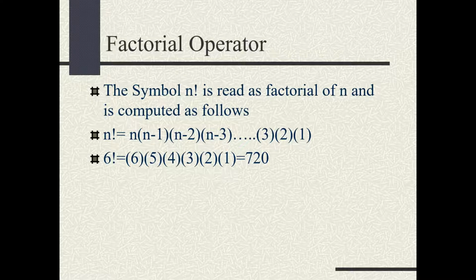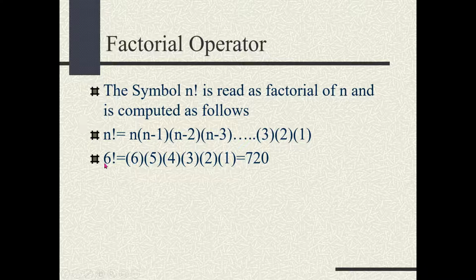Okay, next we introduce the factorial operator, which is represented by the symbol n factorial. If n is any number, its factorial is calculated by deflating it by 1 unit at a time and multiplying the consecutive terms until you reach 1.